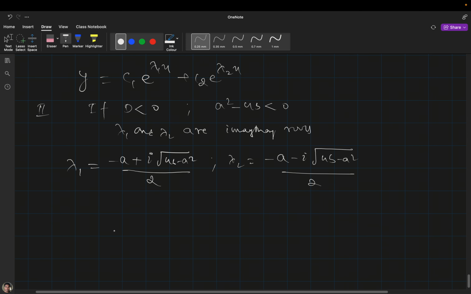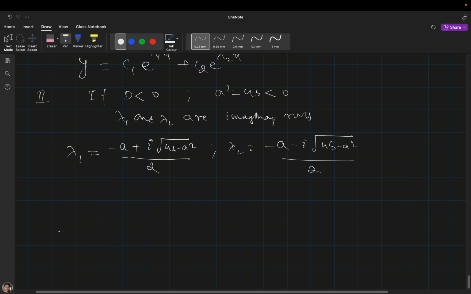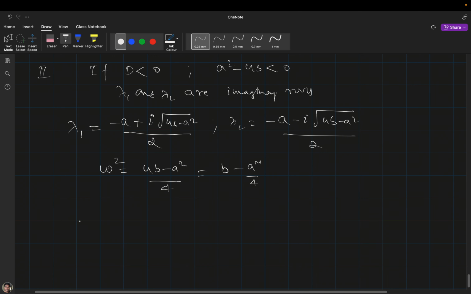Okay. Now, what will be the solution? If I assume that omega is something like this, square root of 4b minus a square by 4, which means b minus a square by 4, then lambda 1 equals what?